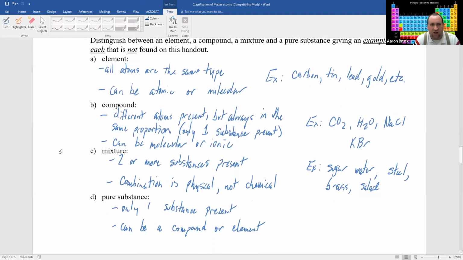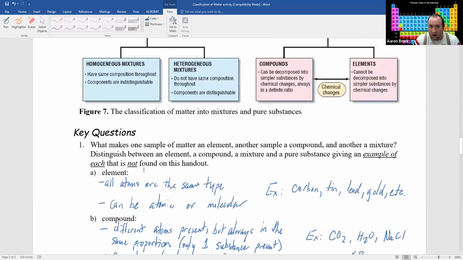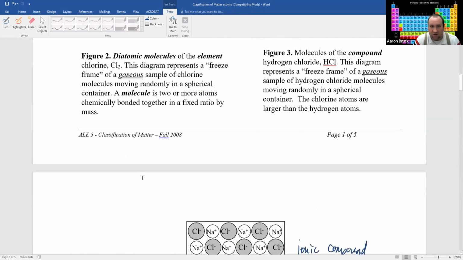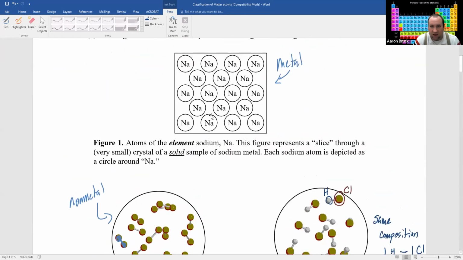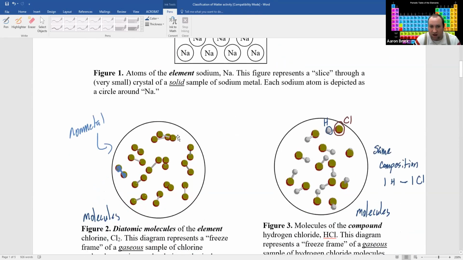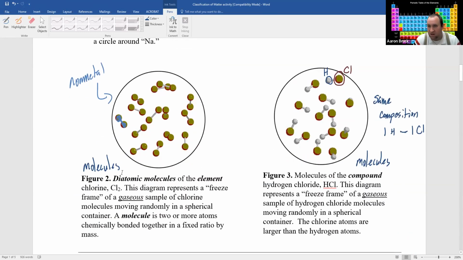So the first one says, how do I distinguish between the four different things here? Well, if I'm looking at an element, the first thing I should notice is that all of the atoms are the same kind. And again, that puts us back up here to figures 1 and 2. This sample, all of the elements are the same kind. Here, all of the elements are the same kind.